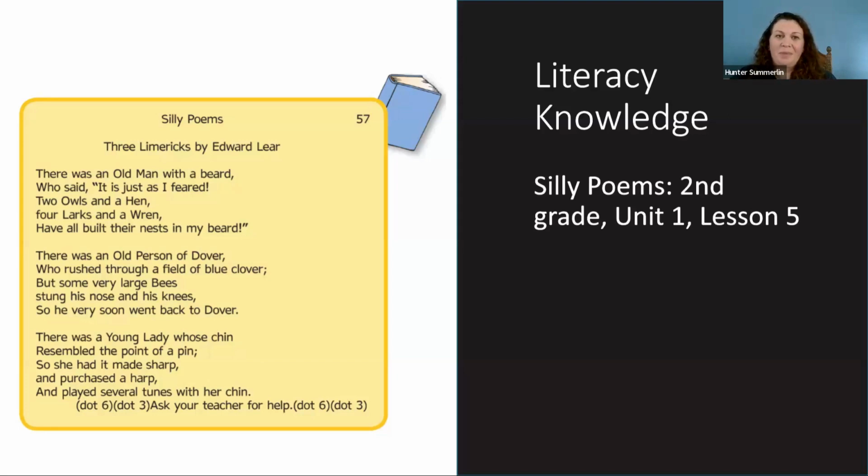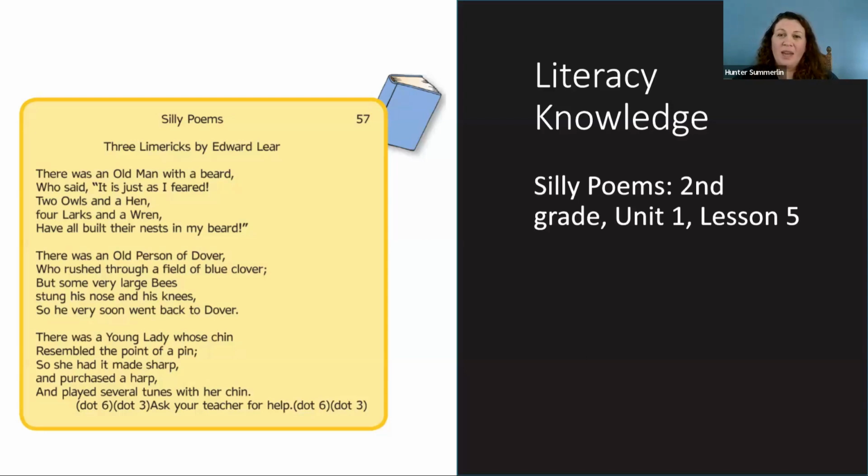Okay. This emphasizes literacy knowledge, and you will have to have a discussion of what a limerick is with your student. And I think it's fantastic that our students get exposed to limericks, because so often I think students with visual impairments have less exposure to some of the literacy opportunities than their non-disabled peers do.